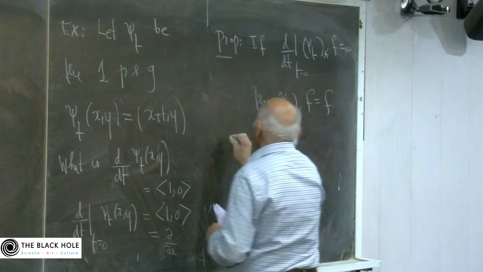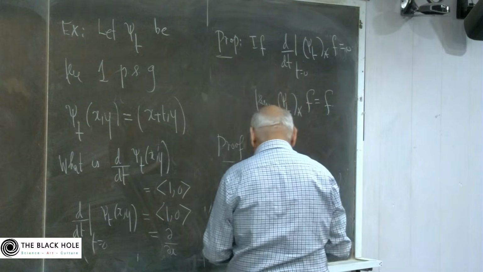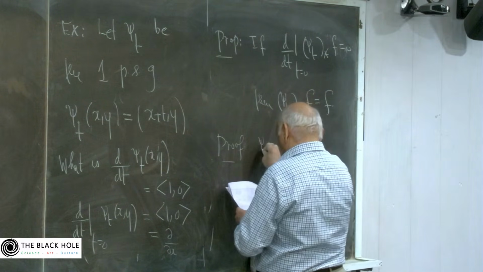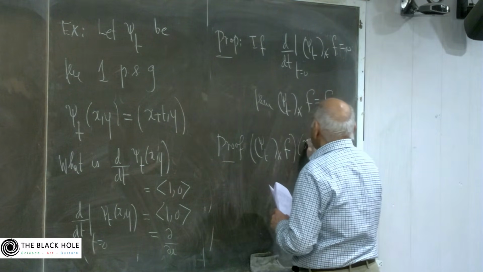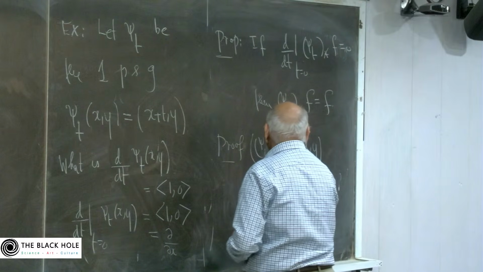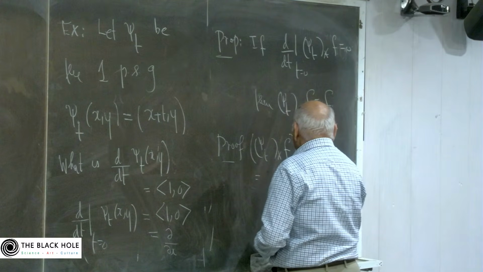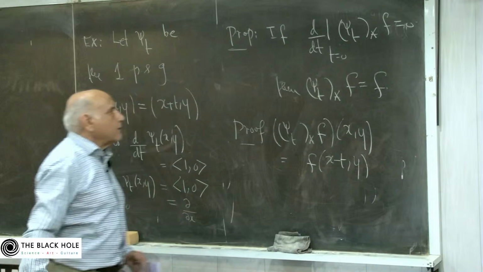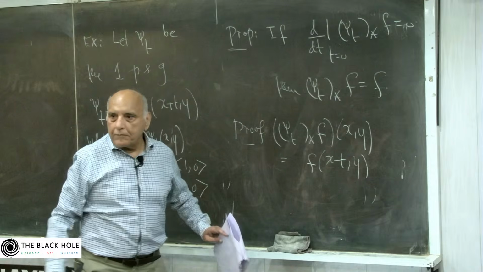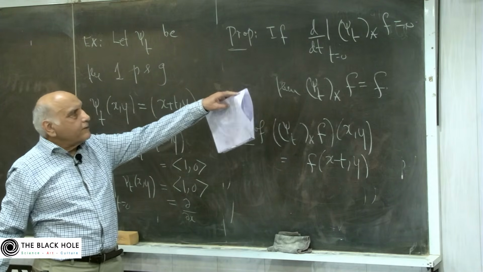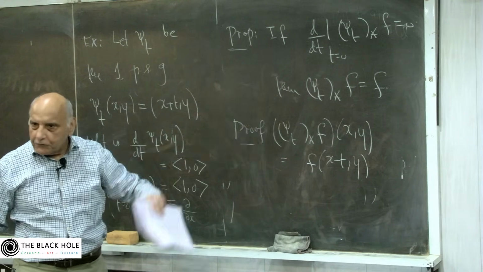Okay. So let's go back to psi t star of f at a point (x,y), which is equal to f of (x minus t, y). How do you calculate d by dt? You take the limit of psi t star f at (x,y) minus psi 0 star f at (x,y), over t, as t goes to 0.